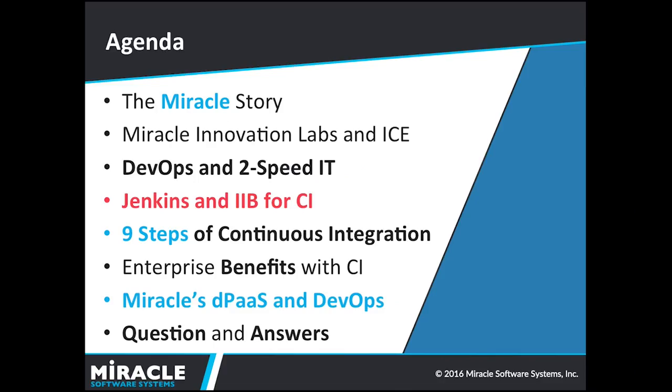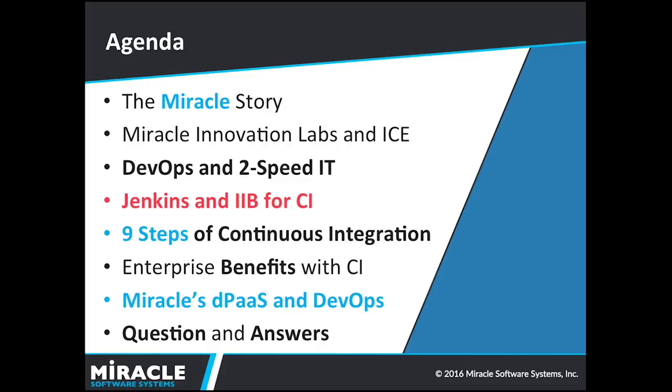So moving forward, we'll be quickly taking off with an introduction to MIRACLE and what we do at MIRACLE. We'll also be introducing the MIRACLE Innovation Labs team and our Integration Center of Excellence teams as well. After that, we'll give you a quick introduction of DevOps, two-speed IT, and why enterprises are required to take the Agile route in today's environment.